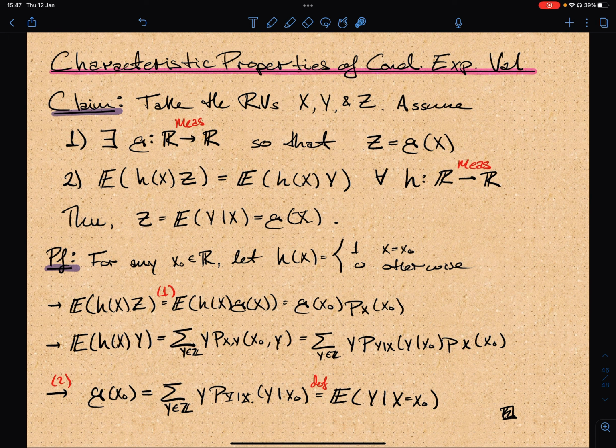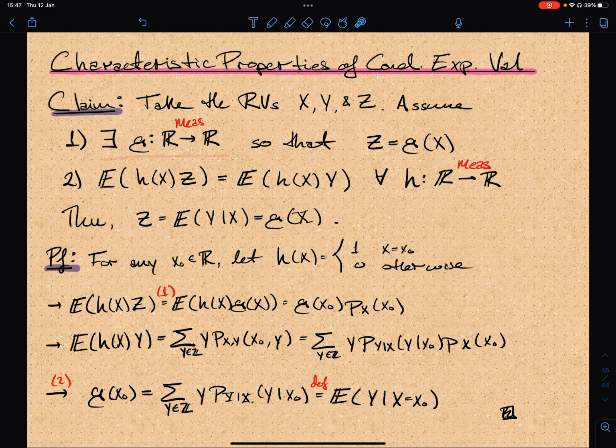We have random variables x, y, and z. The first thing that we assume is that there exists a measurable function, a map from R to R whose inverse image of measurable sets are measurable. You can go back to lecture 1 to review the definition of measurable, but in most cases, just think of measurable as continuous or piecewise continuous functions.